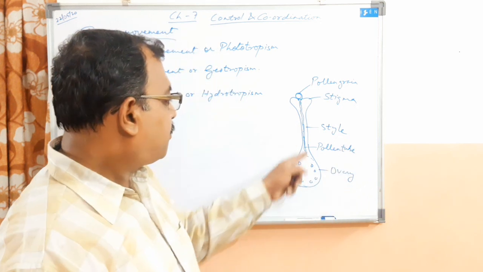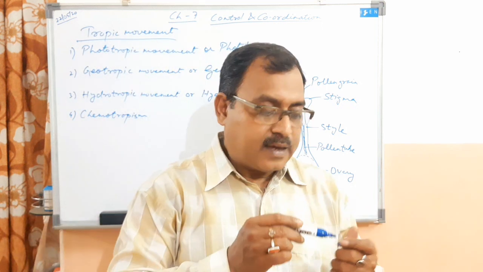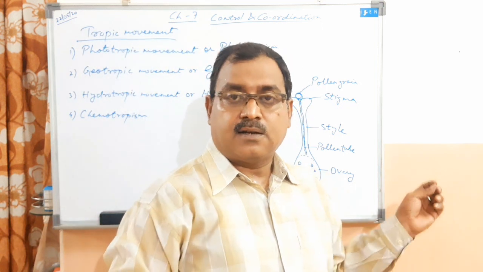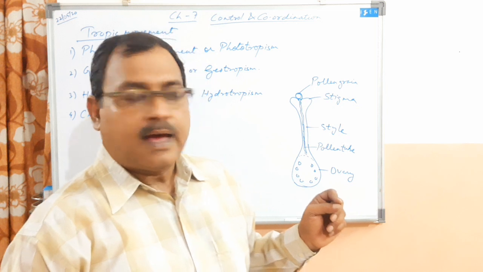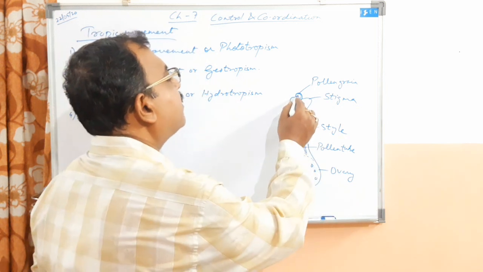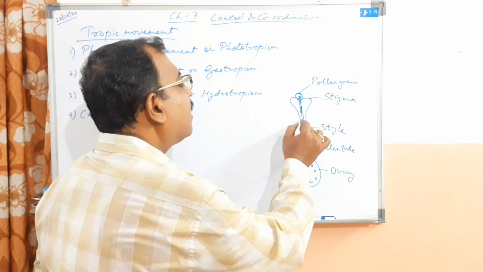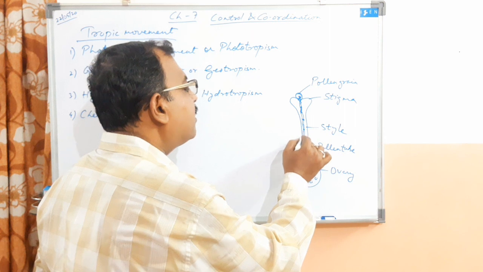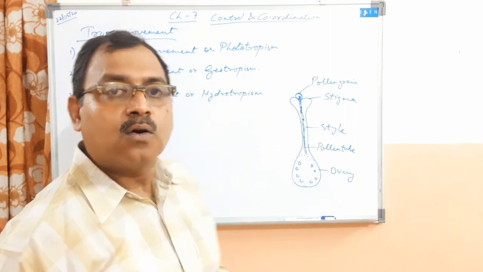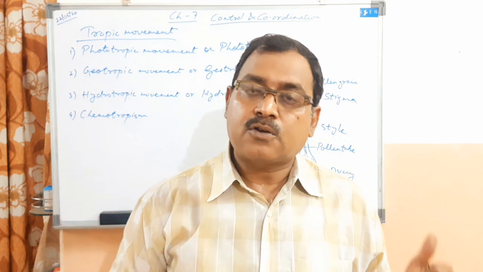The movement of the pollen tube towards the ovary is because of chemicals released by the ovules, and hence the pollen tube grows towards it, and after this the pollen grain inside moves through this and reaches the ovary to fertilize with the ovule. So this is called chemotropism.